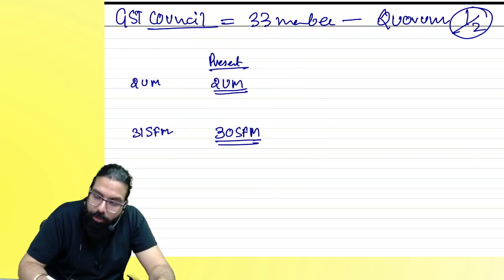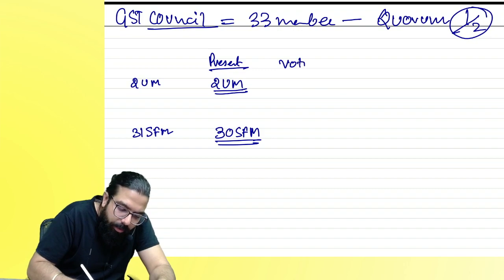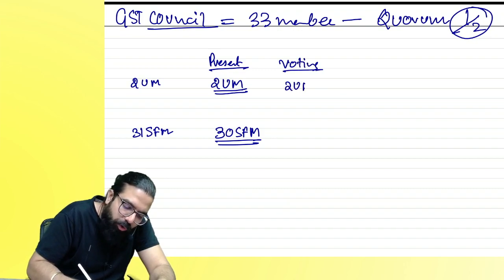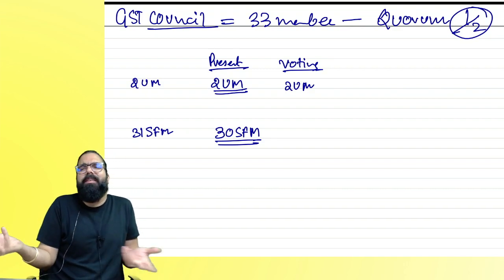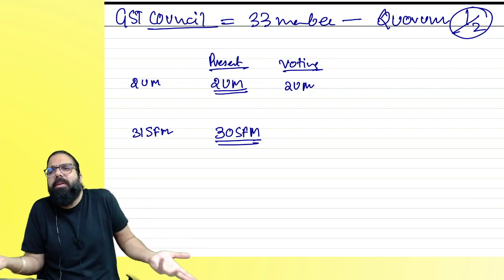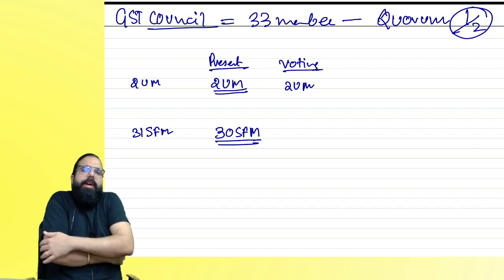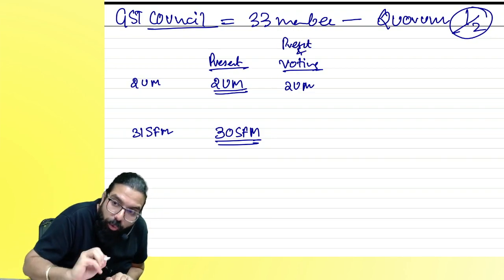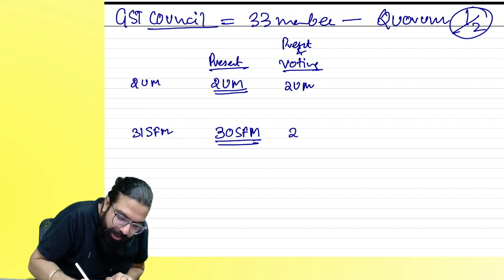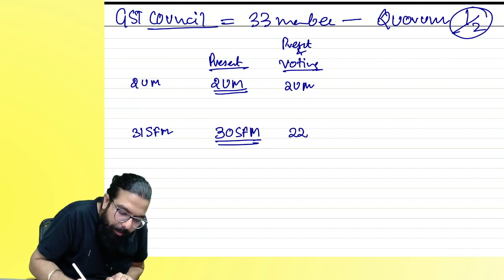Listen. Voting. Supposing 2 union members told we will vote. Karnataka told, hey, for me voting and all is not required. Why vote and all? For me, lottery is not there only. Why will I vote? I will sit quietly. So you have to see present and voting. Supposing, out of this, only 22 members told we will vote.